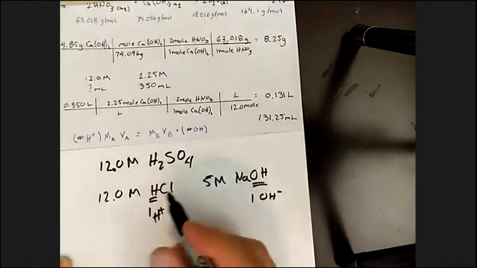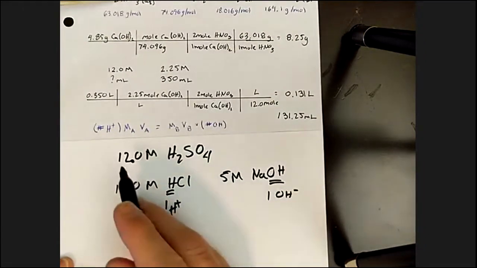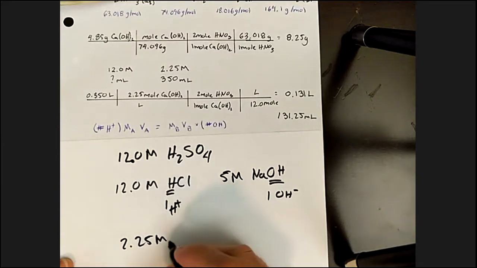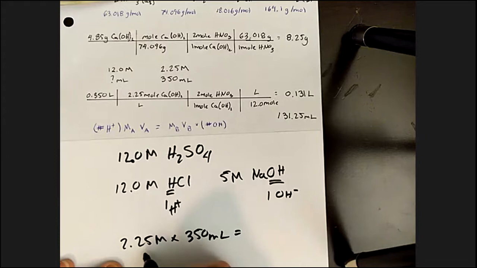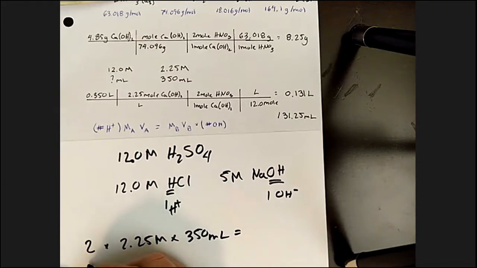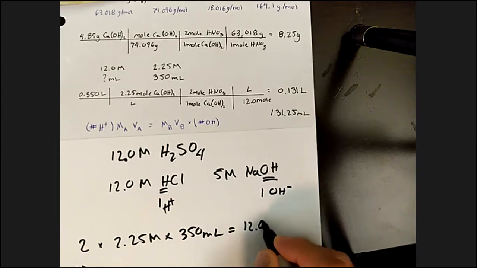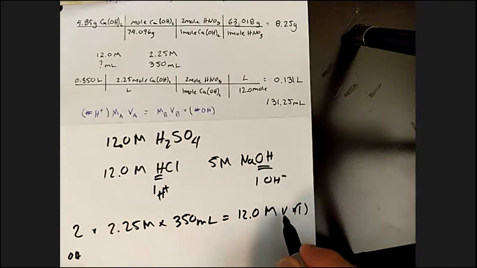with our problem here. So if we try this with our problem up here, I have 2.25 molar times 350 milliliters. That's my base side. I don't know the volume of the acid.